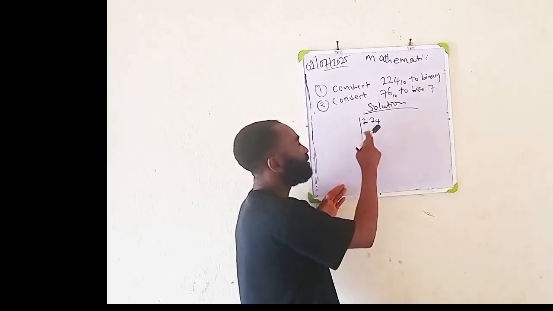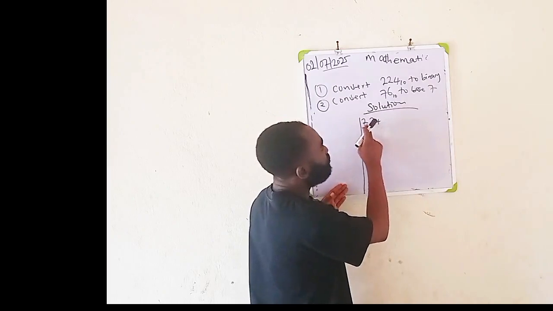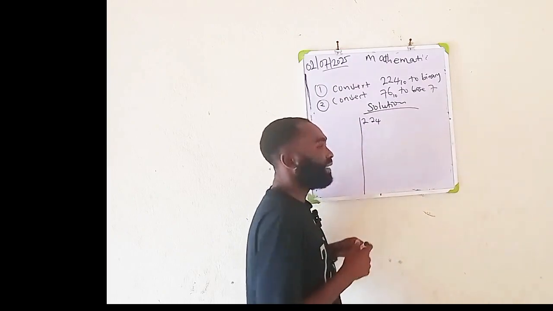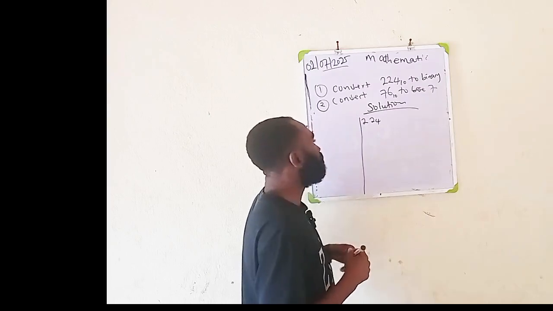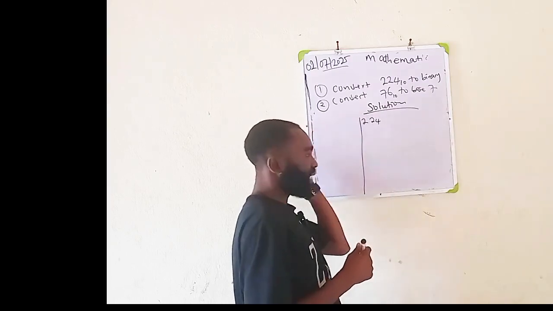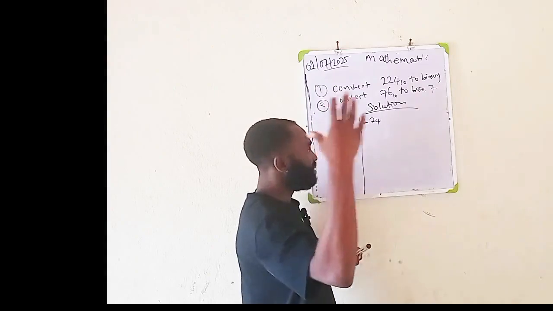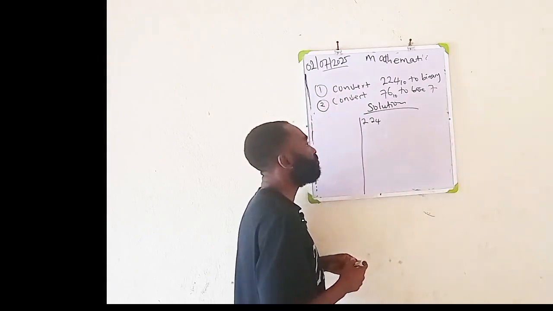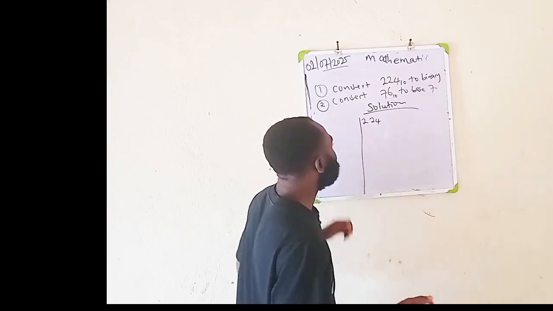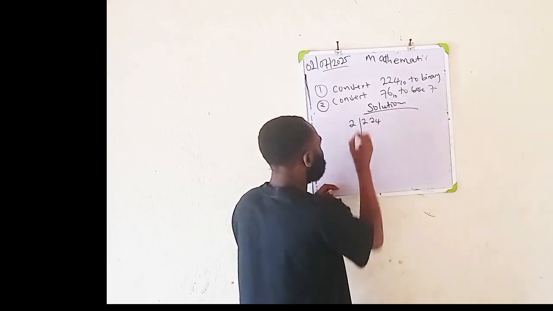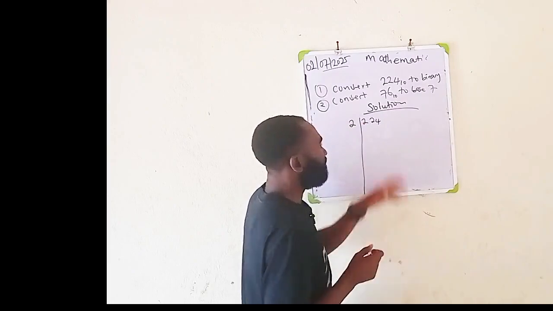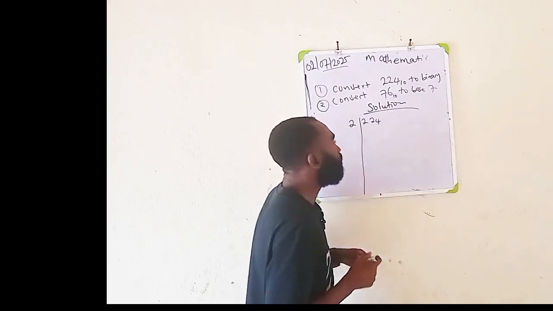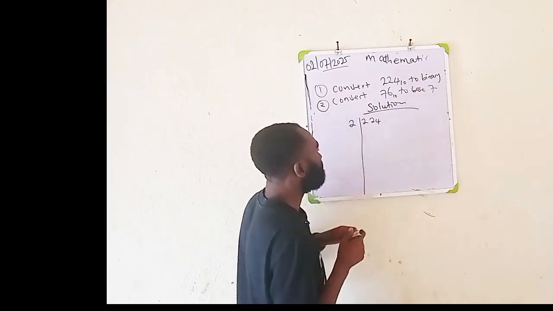So here we are converting 224 base 10 to base 2. So we'll write the base at the left hand side, then the right hand side you write the major number we want to convert. So the base is 2, binary means base 2.